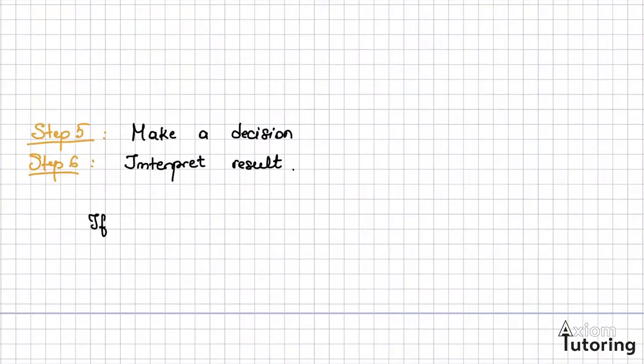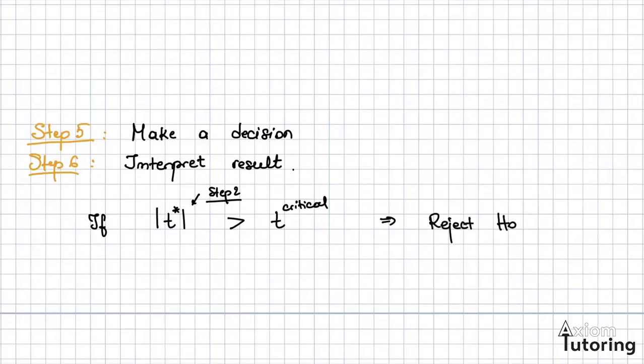If the absolute value of the t star that you computed in step 2 is bigger than the t value that you find from the critical value, then you will reject the null hypothesis. However, if the t star in absolute terms is smaller than your t critical, then your rule is that you fail to reject the null hypothesis.